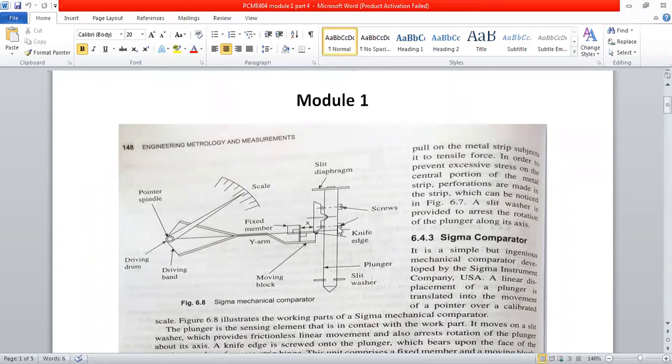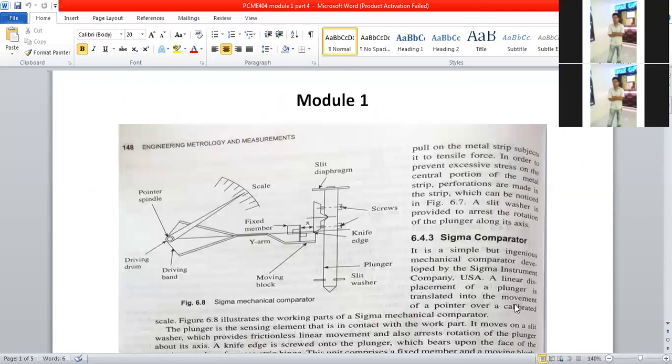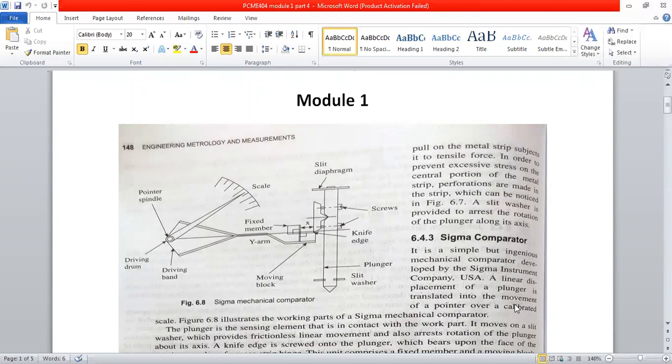This is a screw, the operating screw, shown in the diagram. And this is the knife edge of this portion. This is also in the diagram.